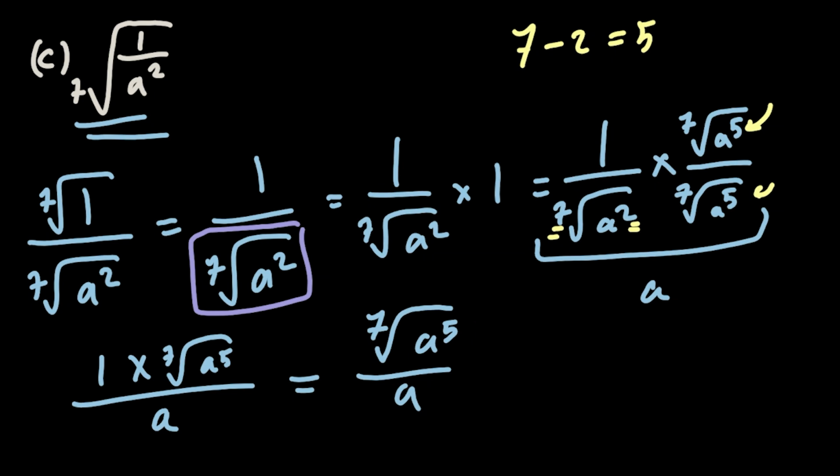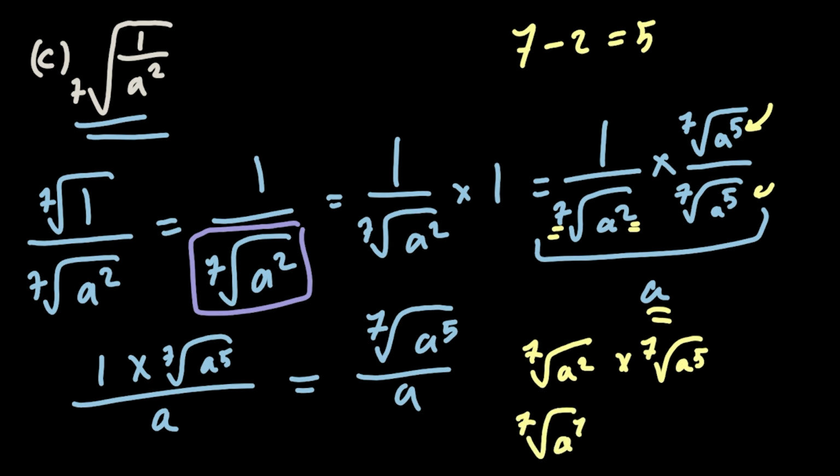Let me explain here why I get a, because when we have the 7th root of a squared multiplied by the 7th root of a to the power 5, we'll get the 7th root of a to the power 7, and that would equal a, because this root and the 7 here will cancel.